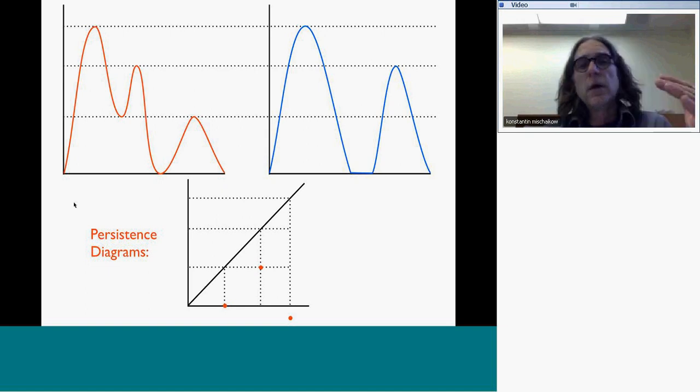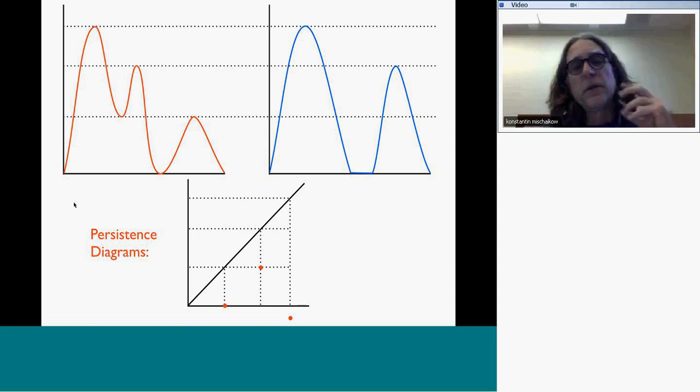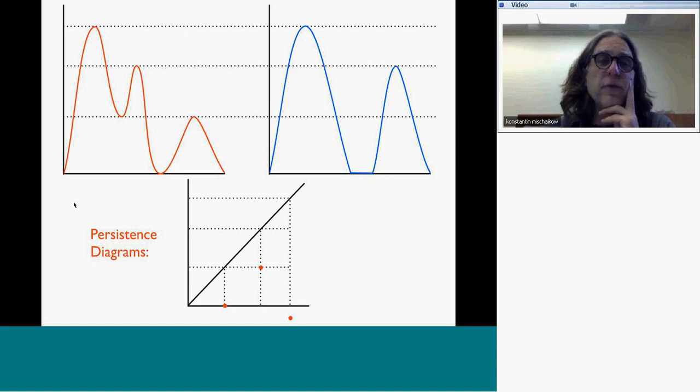We have this convention that the older always survives. So the first generator that appears is the one that exists for all time. That's why I put it below the x-axis. The second generator that appears dies at that lowest hash mark level, and the third generator that appears dies at 0.